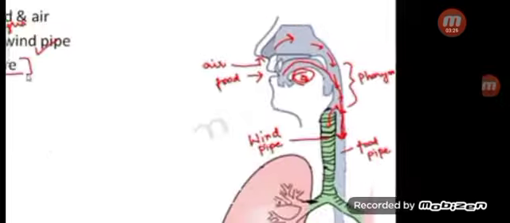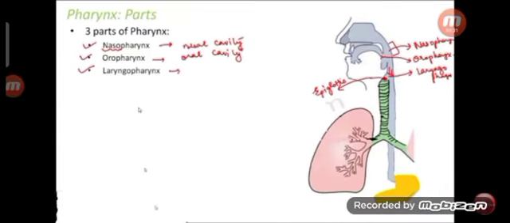Next, the parts of the pharynx. There are three parts: the nasopharynx, oropharynx, and laryngopharynx.